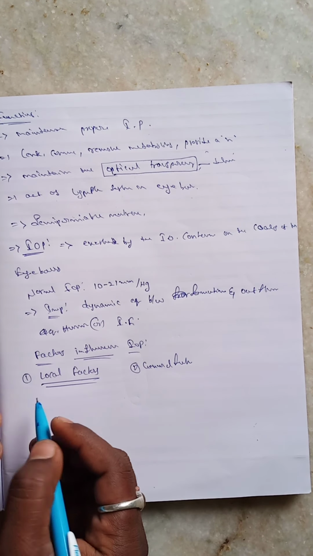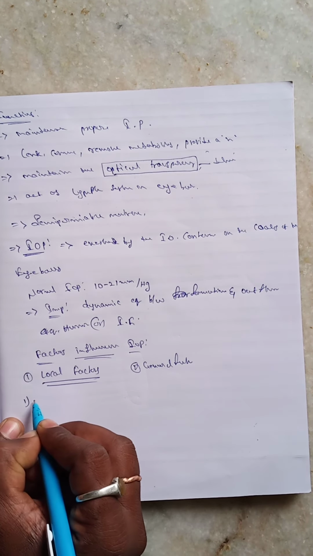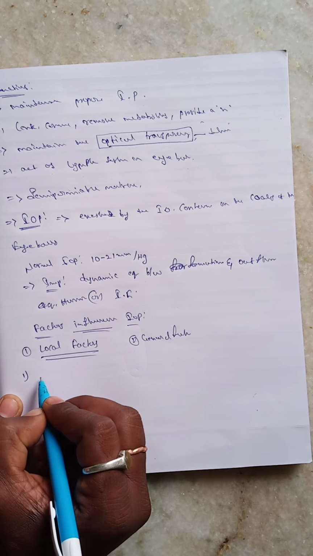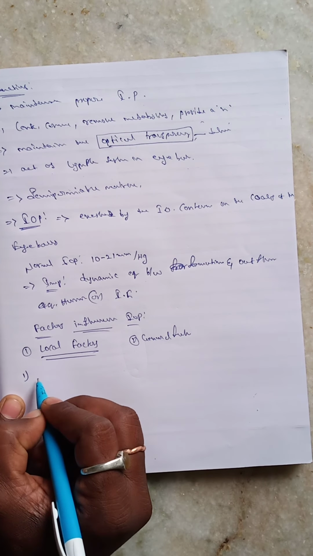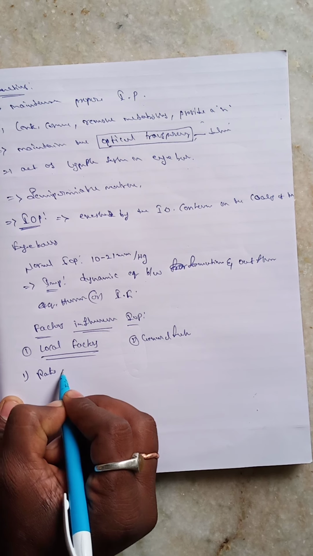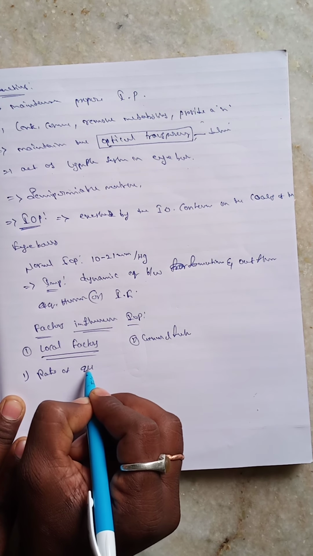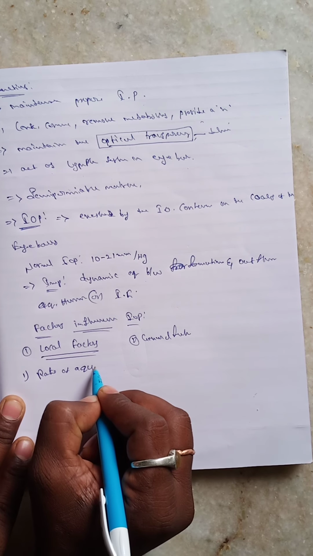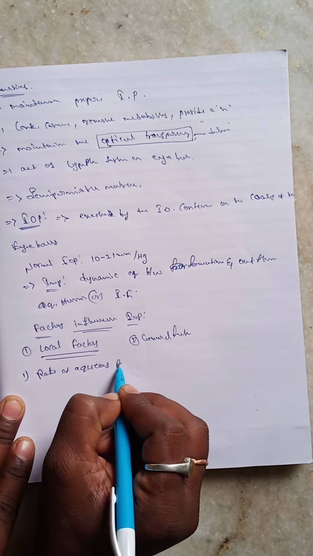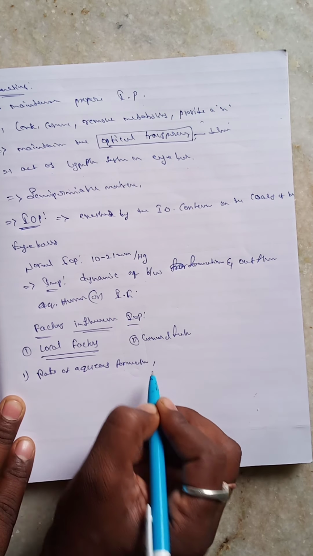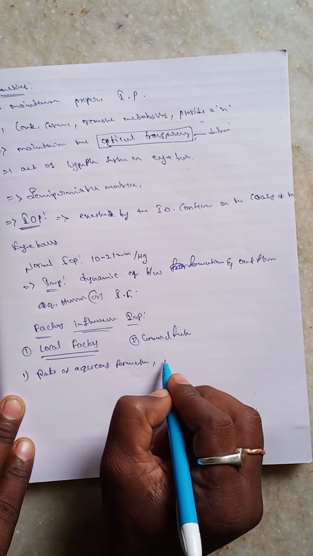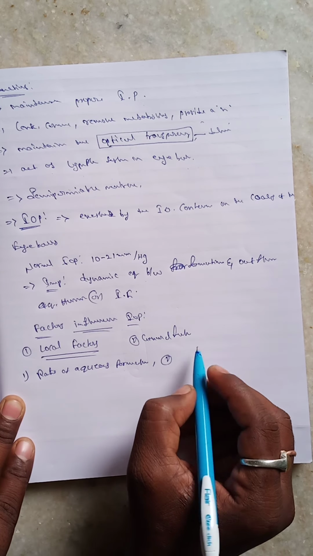The local factors: the first one is the rate of aqueous formation. The second one is resistance to aqueous outflow.